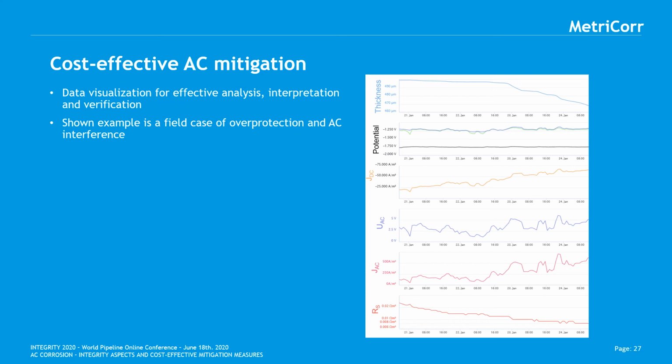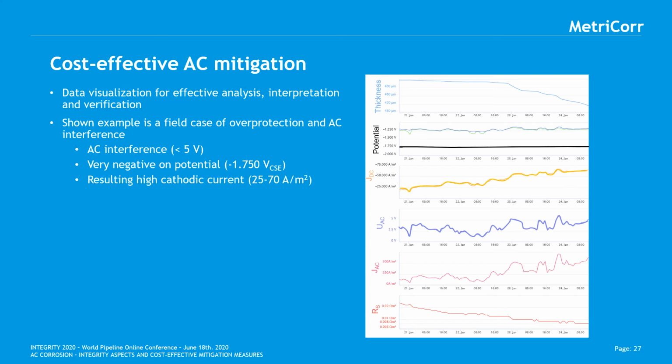The online tool also offers visualization of data in graphs for effective analysis, interpretation, and verification. The shown example here is a field case of overprotection and AC interference. The pipeline was interfered with up to 5 volts AC. The on potential is very negative, about 1.75 volts.